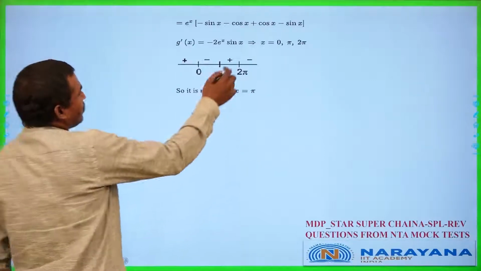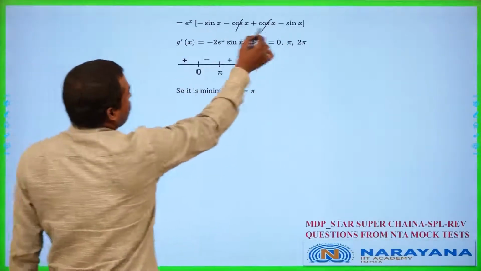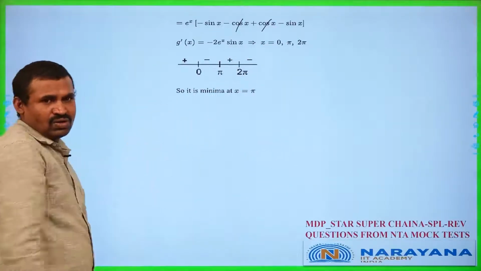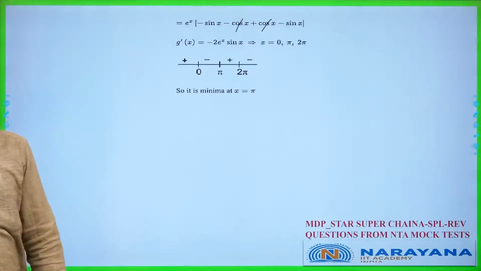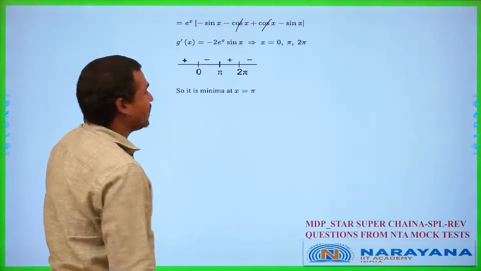If you simplify this, cos x cancels, and minus sin x minus sin x is minus 2 sin x. So, g dash x is equal to minus 2 e power x sin x.